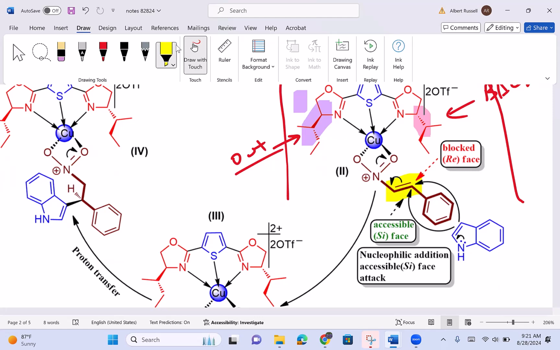This is the step where the stereochemistry is set right here. So in one case, one side of that double bond is blocked, and in the other case, the other side of the double bond is open, right? And because of that, that's why you have this bias.